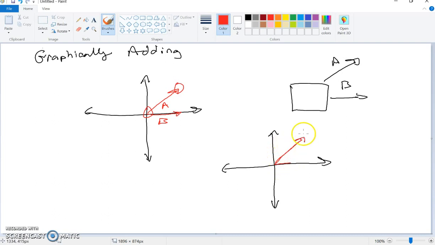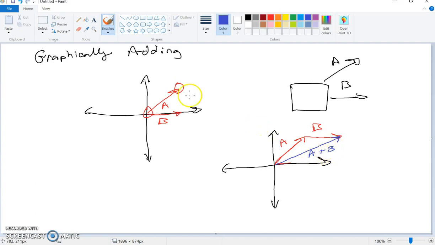Okay, so then that's A. And then you take the tail of the second vector and bring it over to the head of the first vector, and you add that in. Okay, and so that's vector B. And I'm going to, in blue, put A plus B, which is this amount right here, A plus B.